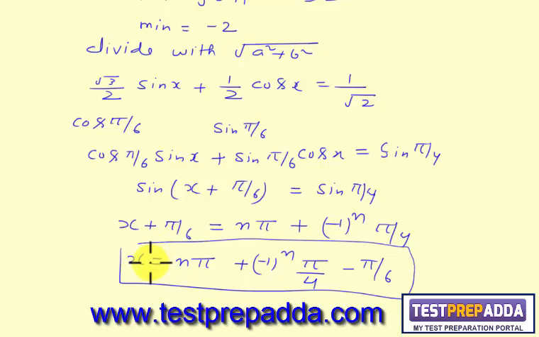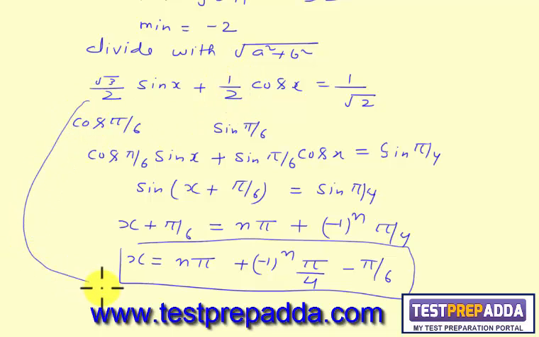Now in the exam they may give you the solution in a different manner. Because this root 3 by 2 is also the value of sin 60 degree, or better you say sin pi by 3. And half is the value of cos 60 degree, again cos pi by 3.